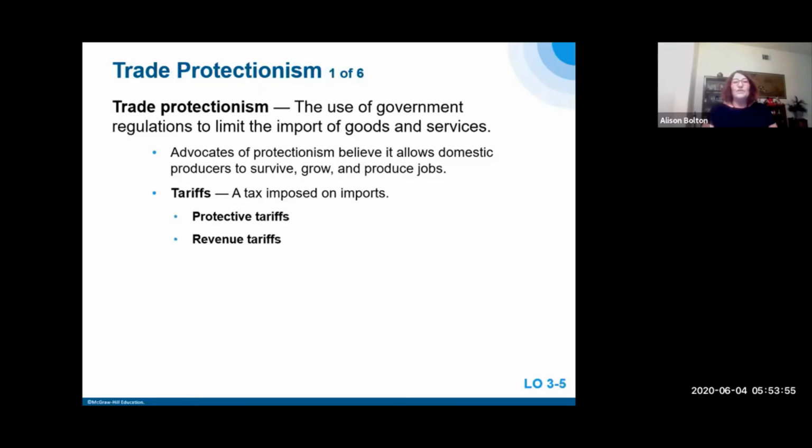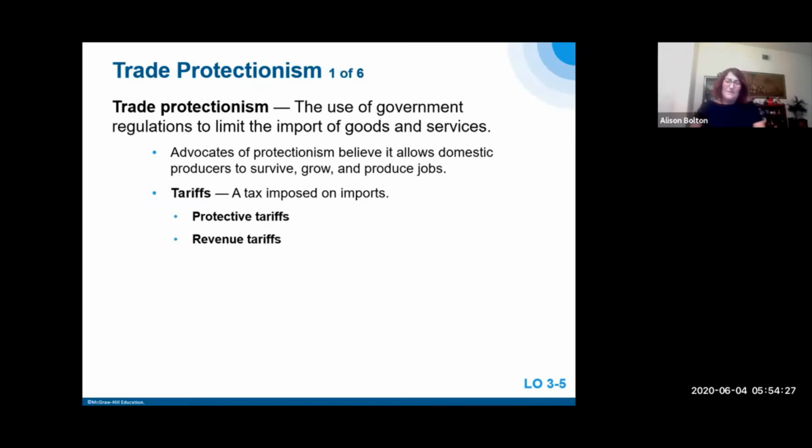Trade protectionism. All right, that's when the government has regulations limiting import of goods and services. And there are times where we need to have them, where we have what's called quotas, and we'll talk more about that in a minute. Sometimes there has to be a balance so that too many products don't come in all at once, or services, or the building of manufacturing plants and all.